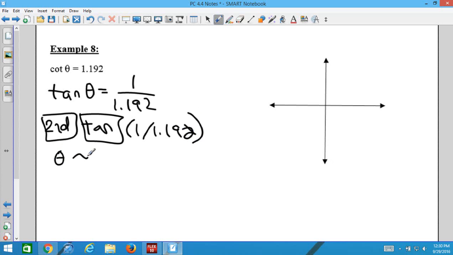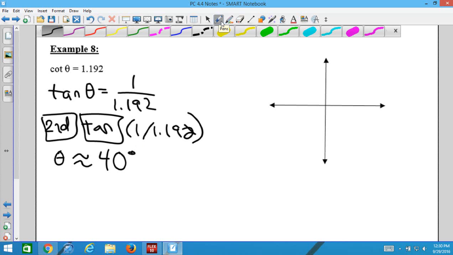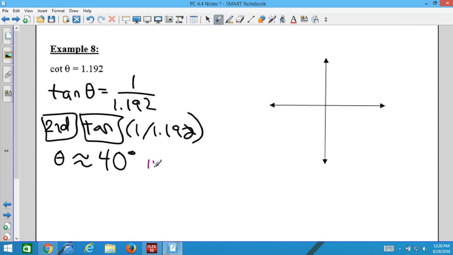So we convert that to radians by multiplying by pi divided by 180. Really easy right there on our calculator. And we get about 0.7 radians.